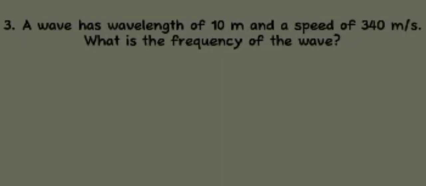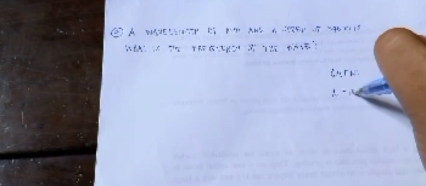Number 3. A wavelength of 10 meters and a speed of 340 meter per second. What is the frequency of the wave? First, write the given. Wavelength is equal to 10 meters. Wave speed is 340 meter per second. And the frequency is unknown.